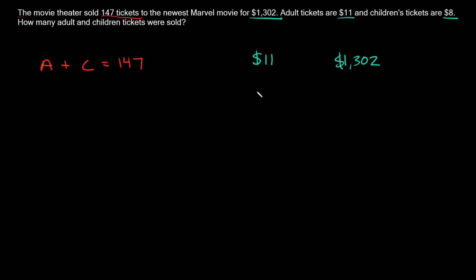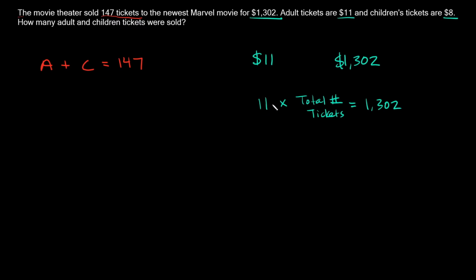Well, the way you would figure that out is, okay, $11 times the total number of tickets would be equal to $1,302. Okay, but we do have two different types of tickets, right? We have adult tickets and children's tickets. So the adult tickets are $11, right?